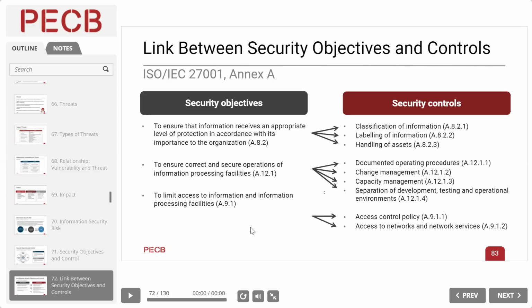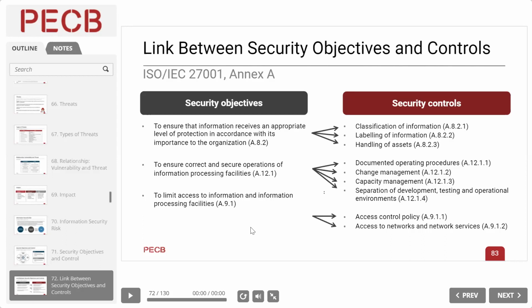So under that control objective, we will have controls. That one has three: classification of information, labeling of information, and handling of assets. Then we have: ensure correct and secure operations of information processing facilities. That is the control objective.